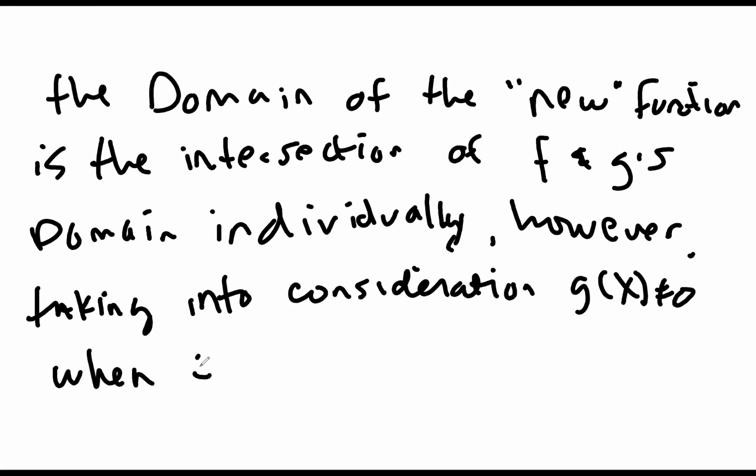Now, I know this doesn't make a lot of sense right now, so just write it down, and then I will show you with an actual problem, and I promise it'll make more sense. So the domain of the new function is going to be the intersection of the domain of f and the domain of g individually. However, when we are dividing, g of x, which is the bottom, cannot be 0, okay? It's going to be easy for us to see that once we see an actual problem.